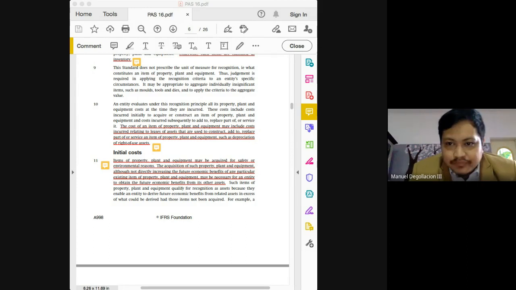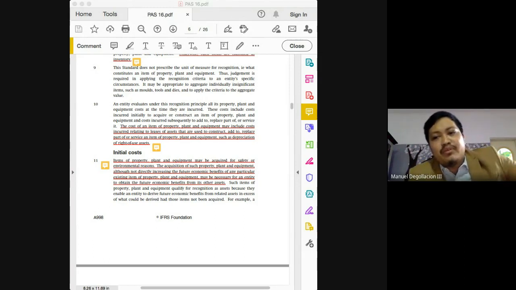Generally, the rule is only directly attributable cost will form part of the cost of an asset. And the question now is what can be considered as those directly attributable costs?